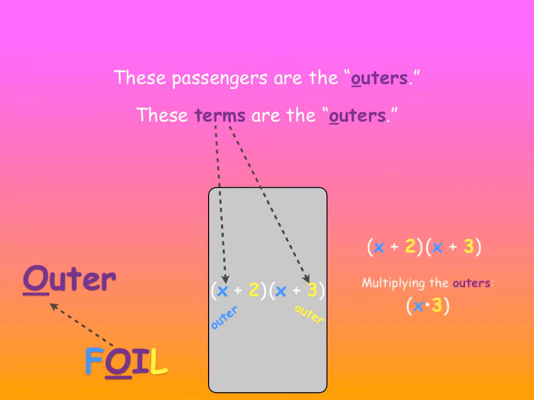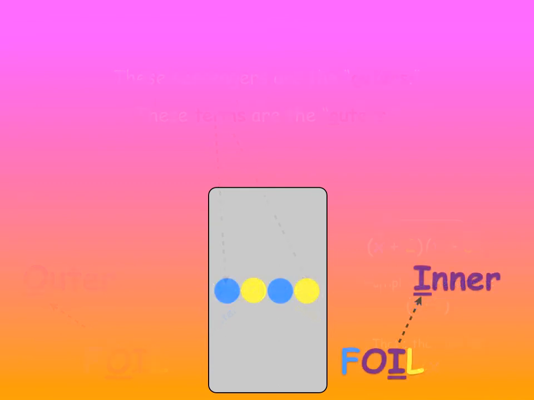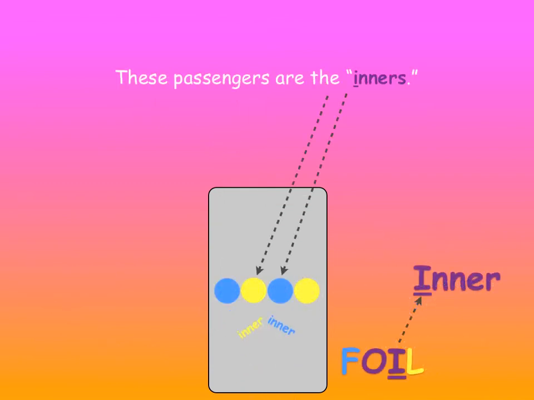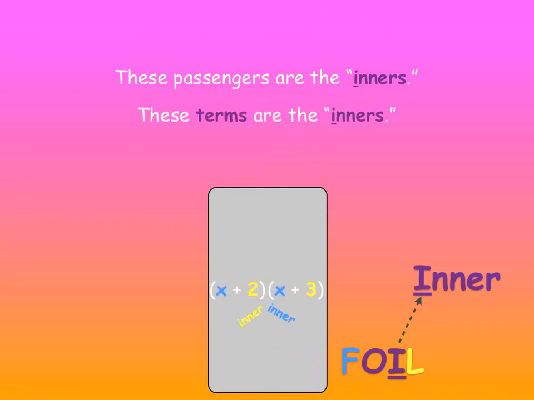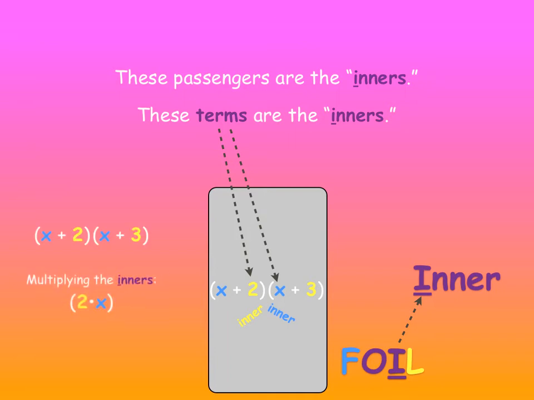When we multiply the outers, x times 3, that's the same as 3x. These passengers are the inners, and these terms are the inners. When we multiply the inners, that's plus 2 times plus x, same as 2x.